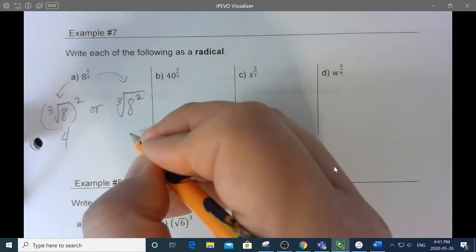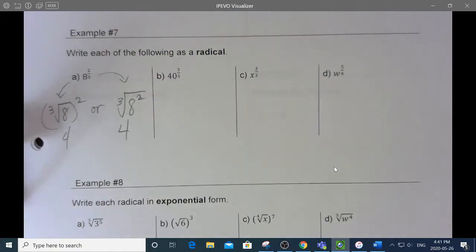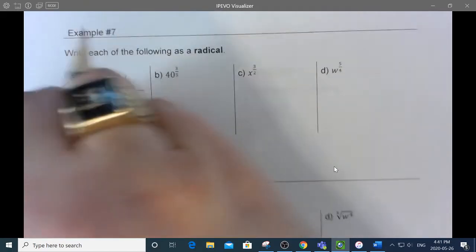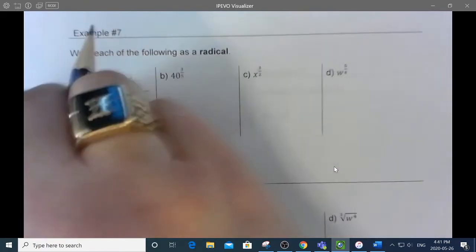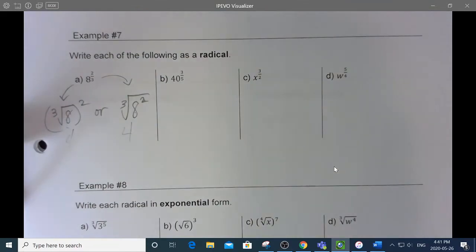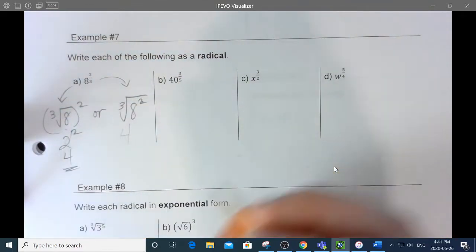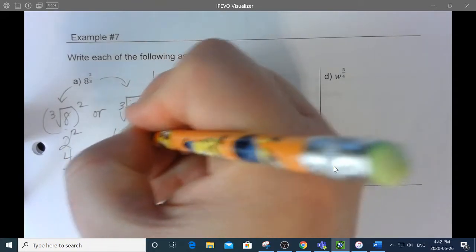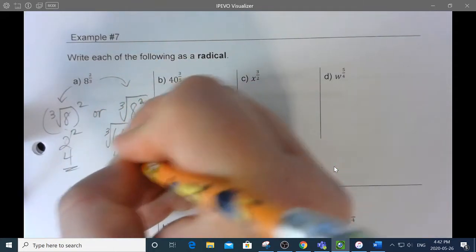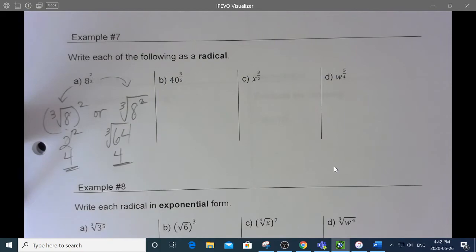The cube root of 64 is 4. Haha! Isn't that cool? I'm actually going to maybe just put steps in there, because I'm sure that's going to blow some minds. So this is like saying 2 squared, which is 4. And this is like saying 64 cube rooted, which is 4. Okay, so isn't that neat?